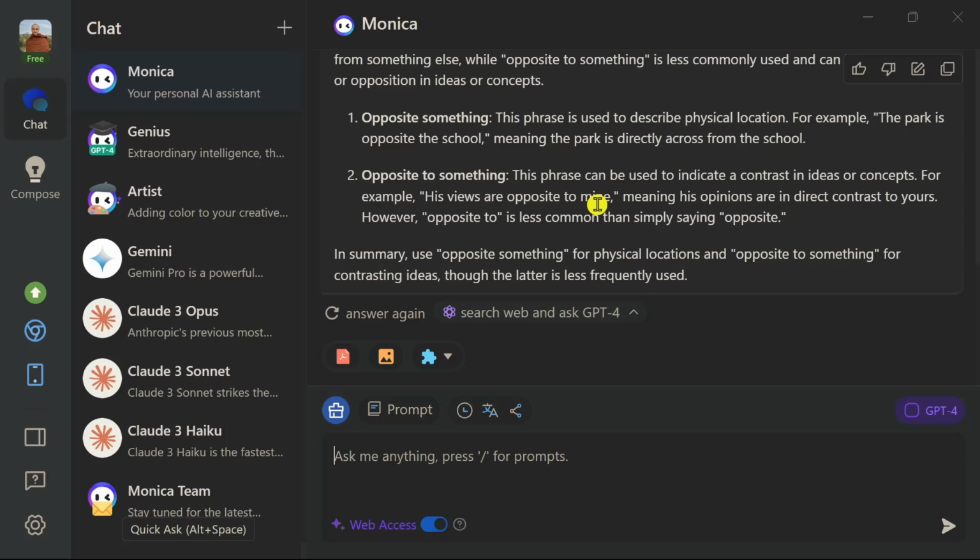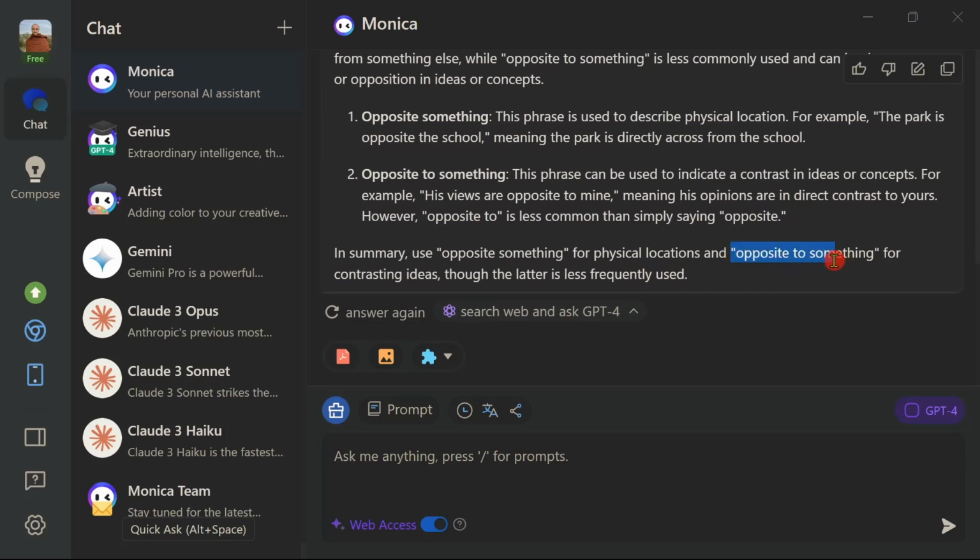Like the alien was opposite the dragon. But ideas, his idea is opposite to mine. Opposite something for physical locations, opposite to something for ideas. Okay? You see?